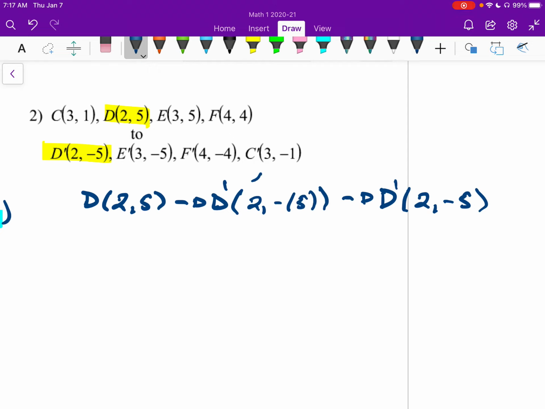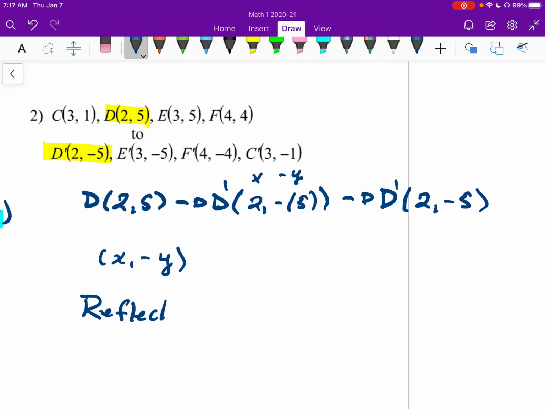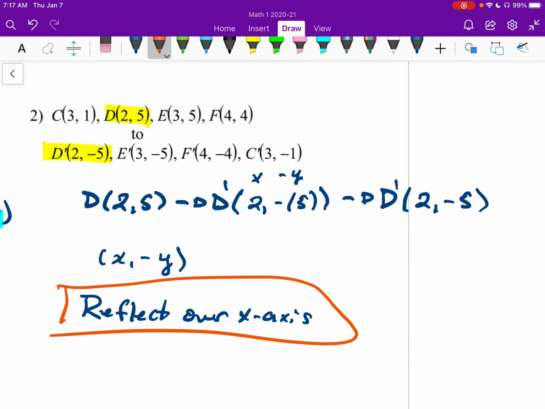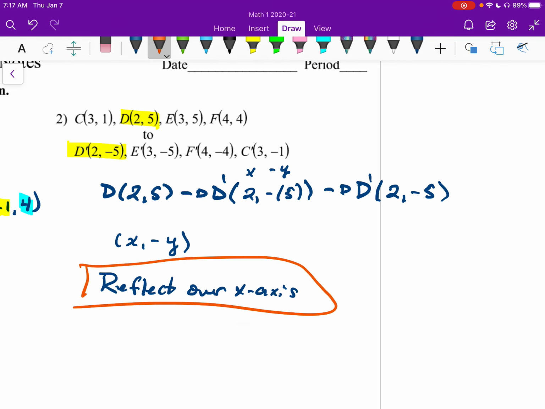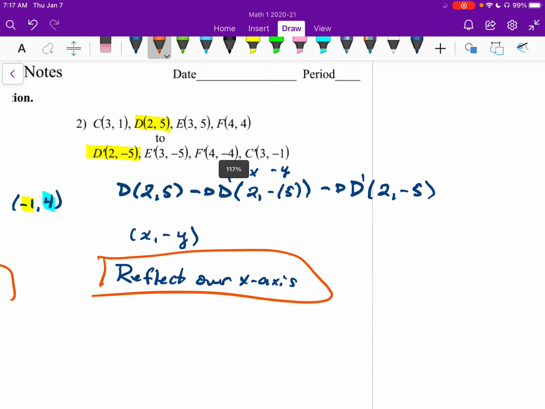This is like (x, -y). That again says reflect over x-axis. And again, we could graph these points and visualize where it reflects, but I'm not going to do that for this one.